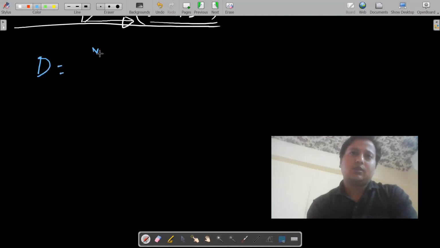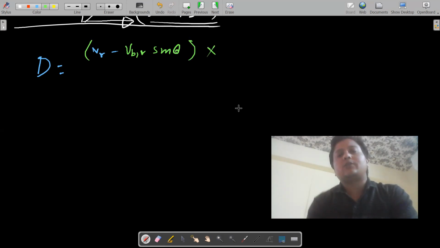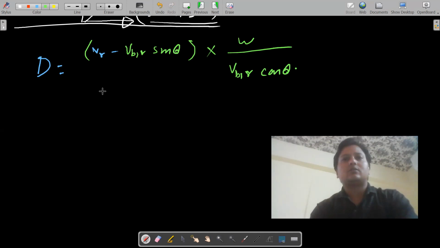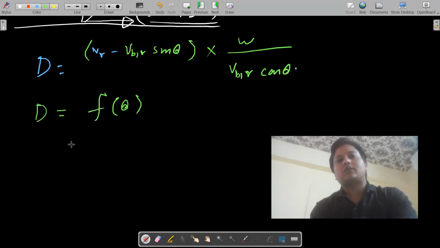So drift is Vr minus VBR sin theta multiplied by the time of crossing, W over VBR cos theta. By changing theta we can change d, so d comes out as a function of theta.